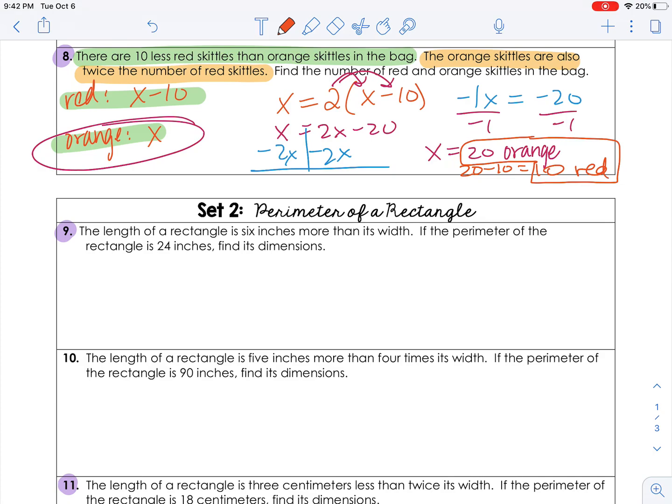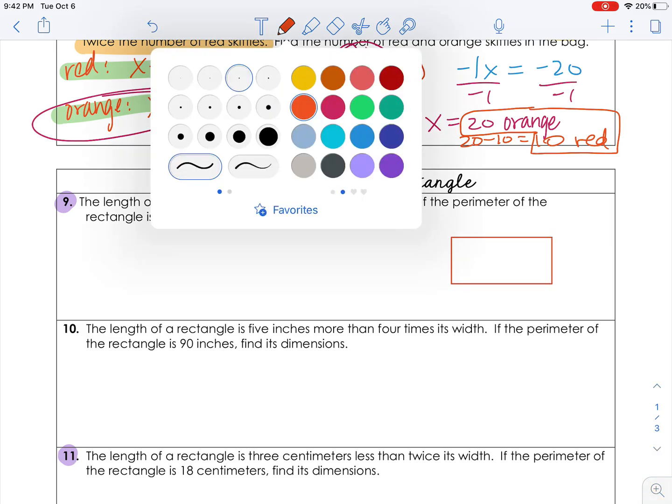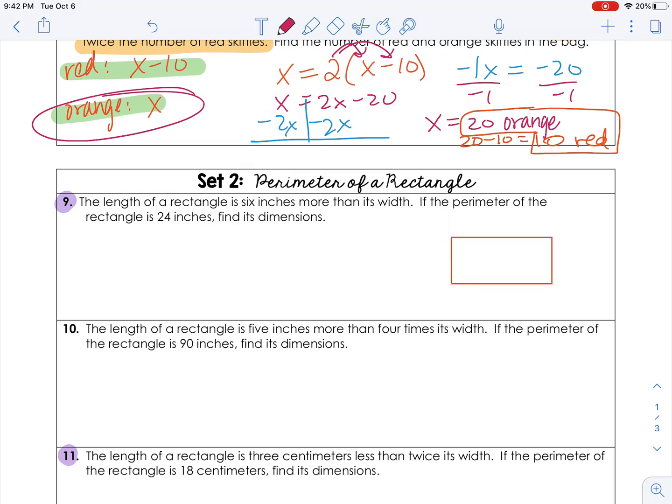So these next few problems we're going to work have to do with perimeter. If we think about the perimeter of a rectangle, we know that we need to add all of the sides together. Usually the shorter sides are represented by W for width, and usually the longer sides are represented by L for length.